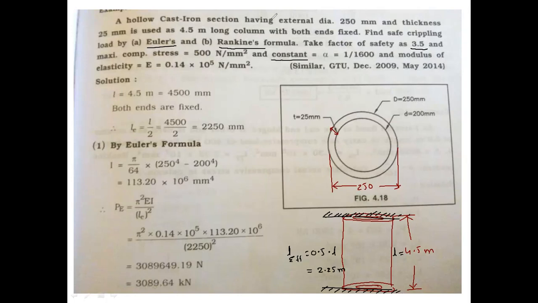So let me show you that. That is what is important, note it down. Then we will continue the problem. Rankine constant is a constant for materials. Let us take mild steel.